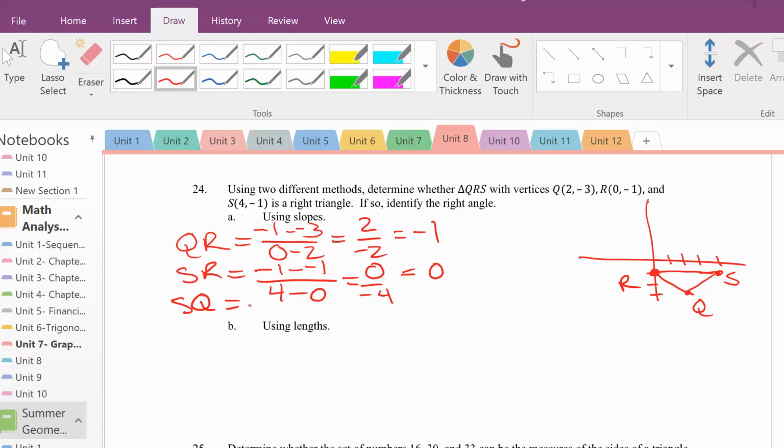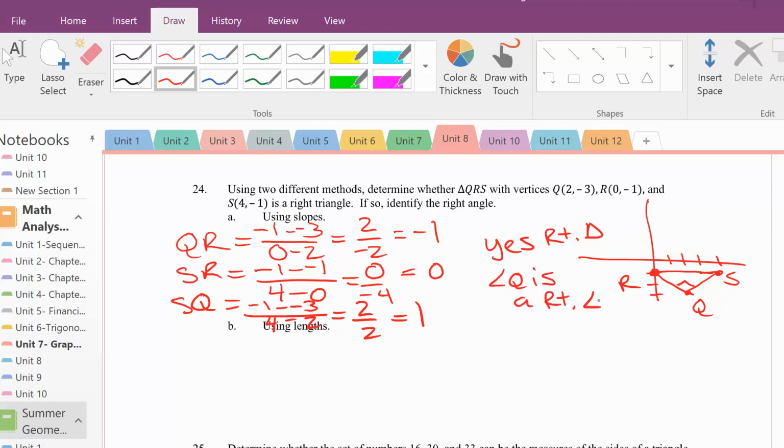So SQ is -1 minus -3 over 4 minus 2. So it's going to be 2 over 2, which is 1. So the answer is yes, it's a right triangle. And SQ is perpendicular to QR because they're opposite reciprocals. So that means angle Q is a right angle.